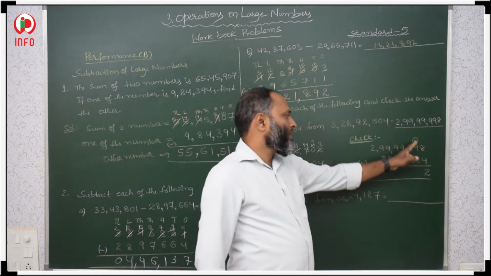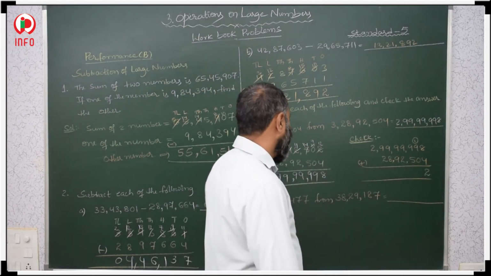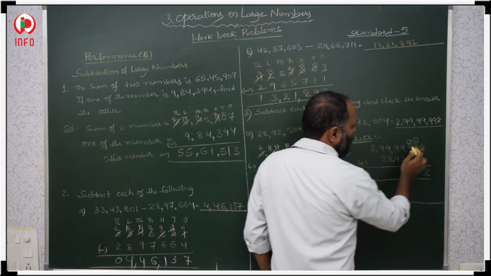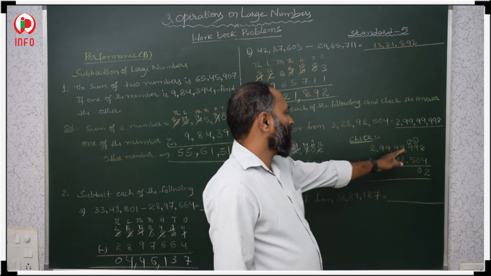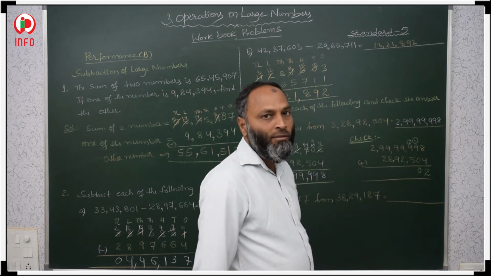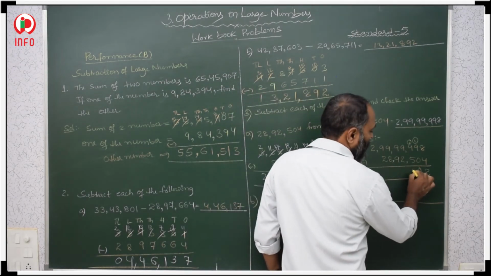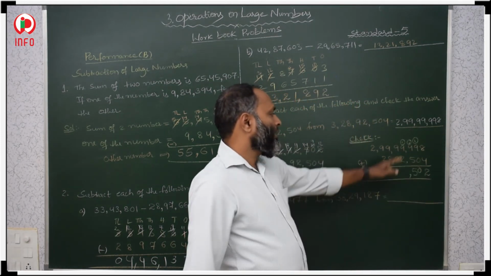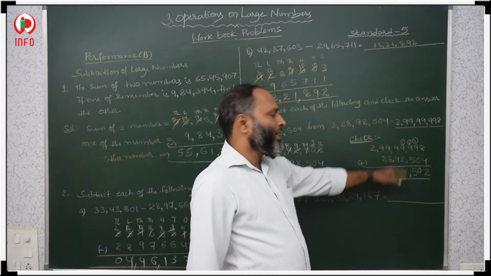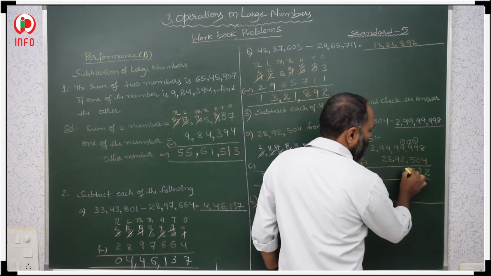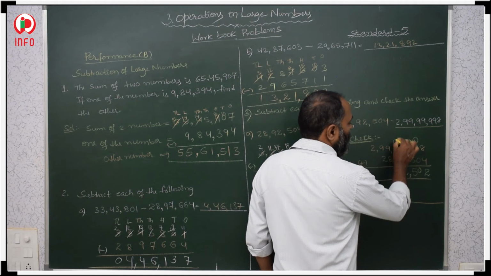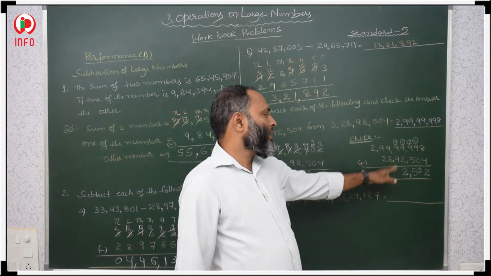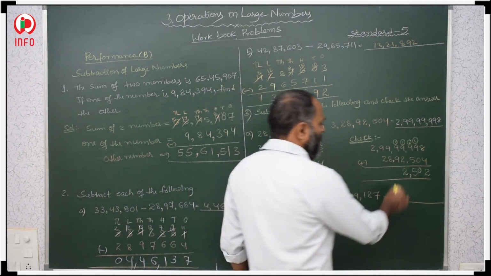Now 9 plus 1, 10. 10 means 0 in tens place, 1 in hundreds place. 9 plus 1, 10. 10 plus 5, 15. 5 in hundreds place, 1 in thousands place. 9 plus 1, 10. 10 plus 2, 12. 2 in thousands place, 1 in 10,000s place. 9 plus 1, 10. 10 plus 9, 19.